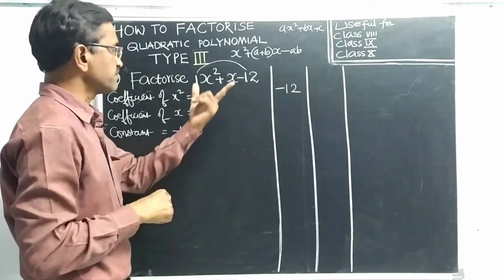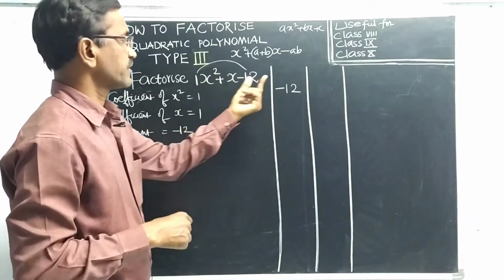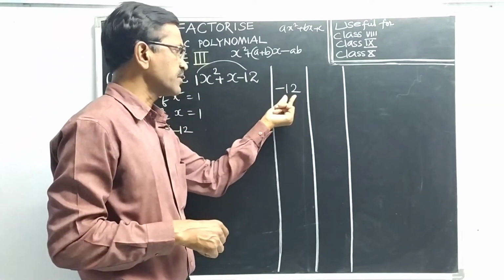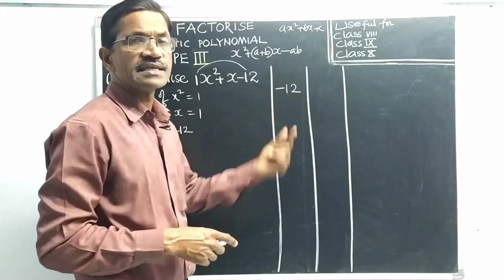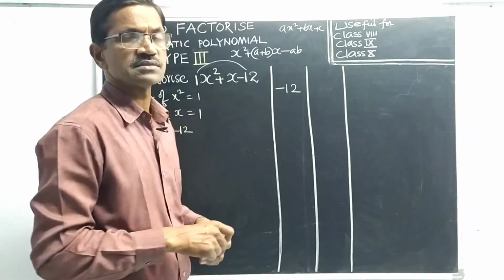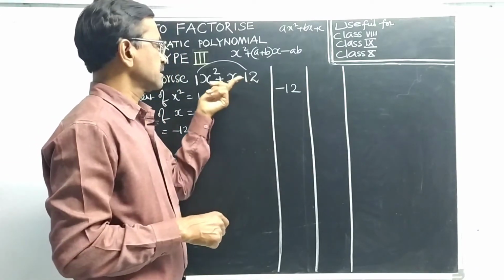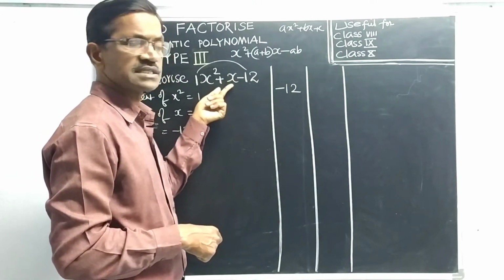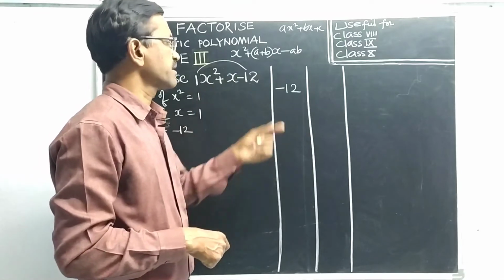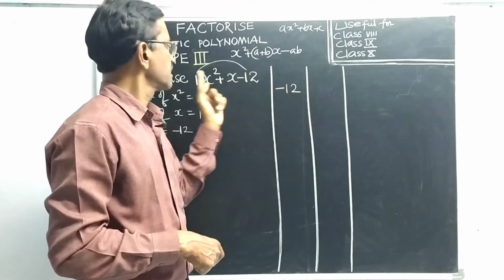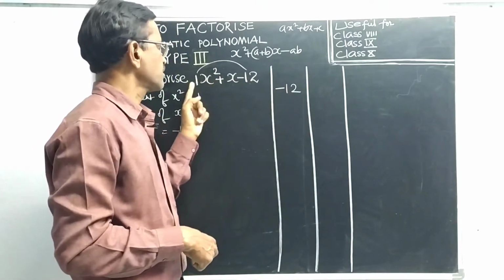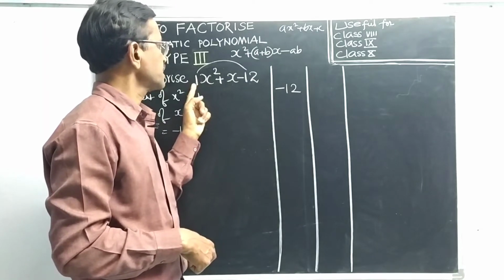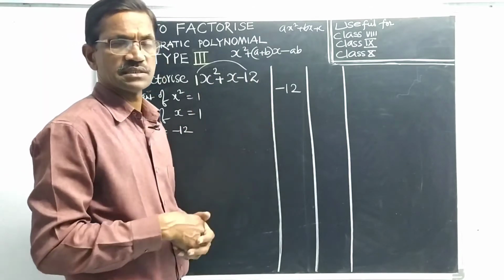Why? Because we are multiplying here. After multiplying, we have to write the minus 12 as a product of two factors, and the sum of the two factors should be equal to the x term, and the product should be equal to the product of the coefficient of x square and the constant.